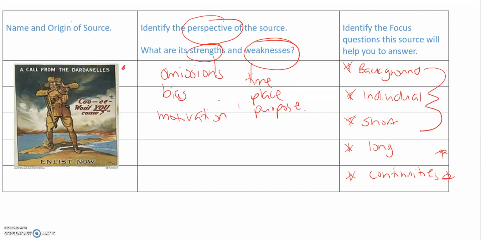Is the date that it was produced in particularly significant? That could be a strength for your area of study. It could be a weakness as well. So these things can be both. It just depends on what you need the source for. So that's the extent of the source analysis there.